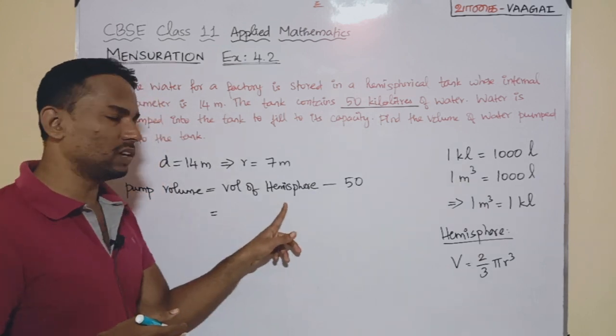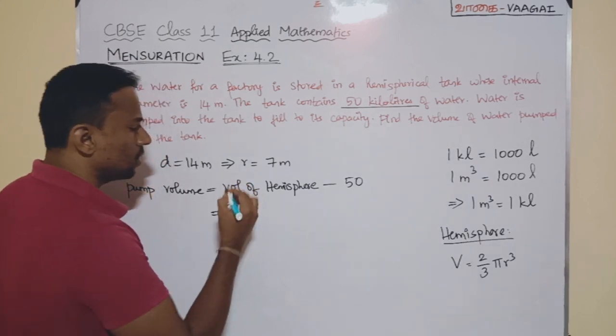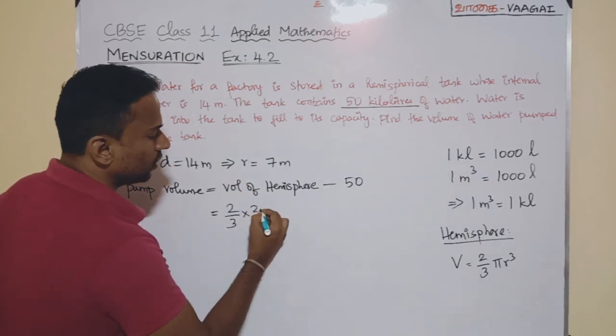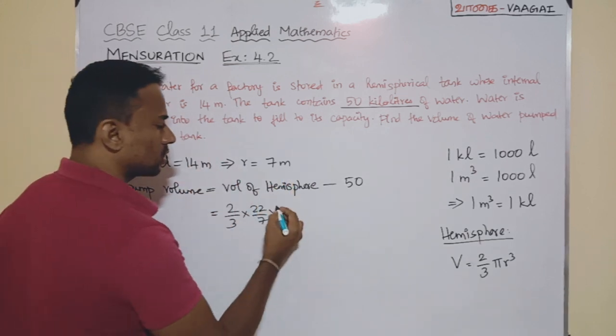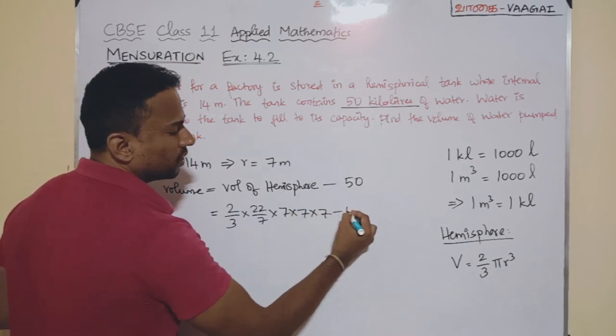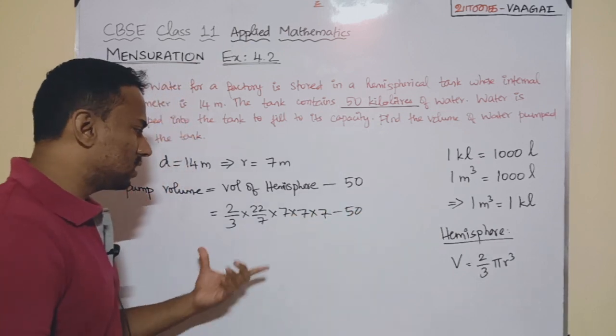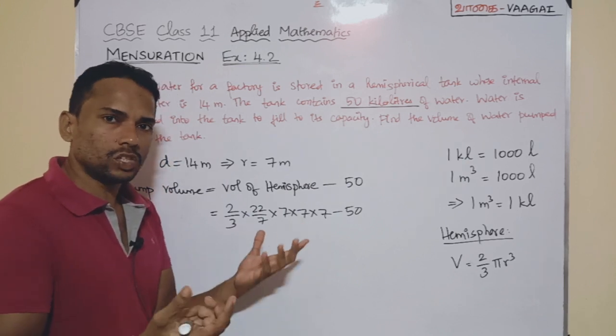Volume of the hemisphere is going to be 2 by 3 pi r cube. So 2 by 3 into pi, which is 22 by 7, into r, and r is going to be 7. So 7 into 7 into 7, minus 50. Remember, the answer we get will be in terms of meter cube only, but it is of no problem. Why?